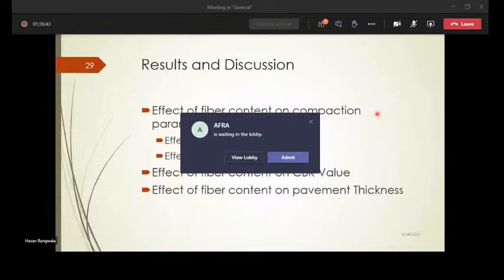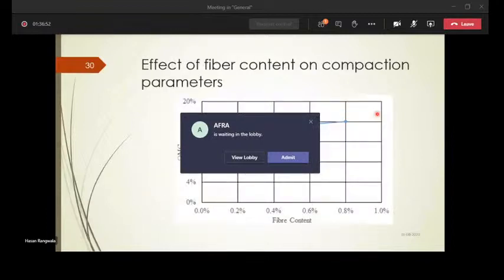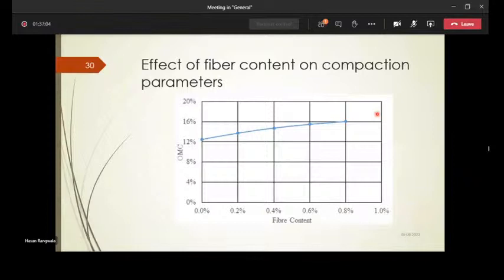Now, the results and discussion. At the end of this study, we have seen that optimum moisture content increases with the fiber content. That is because we added water into the soil, and the jute fiber also consumes water.